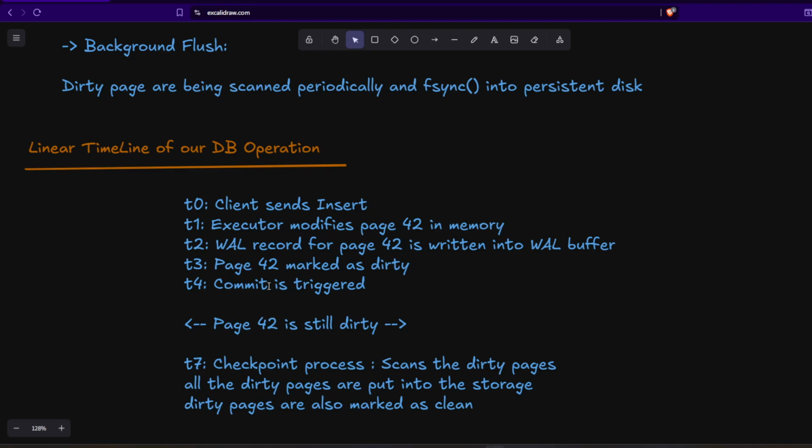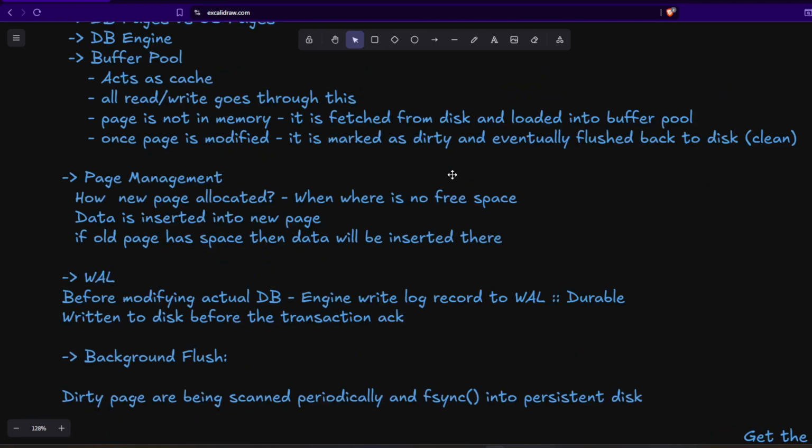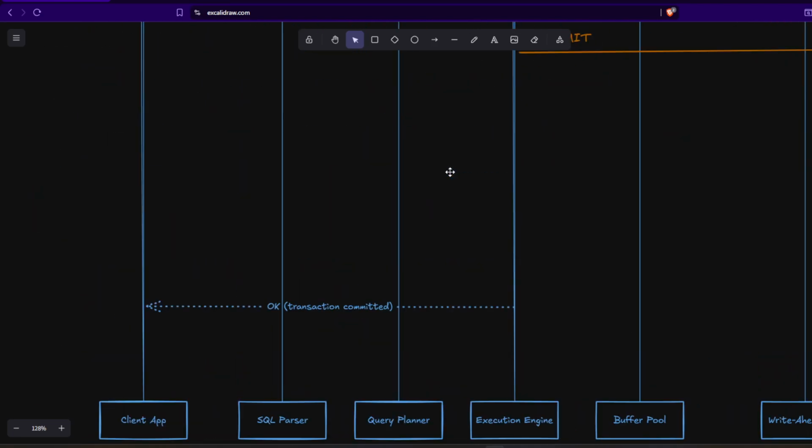Now, just a question to you: suppose this whole process that is going on is my transaction 1. Right after this, at this point of time, somebody is trying to get the very data that we inserted, with the insert query that we fired at the top.